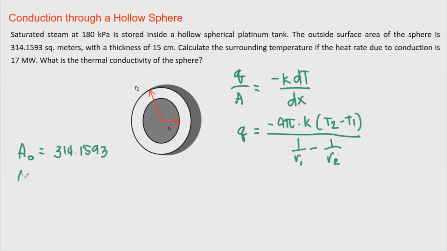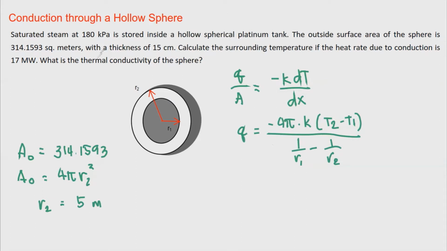Remember, our area for a sphere is given by 4 pi r squared, and since this is the outer area, this should be r sub 2. You just calculate it and we will find R sub 2, which is approximately 5 meters. So our R2 now is 5 meters.